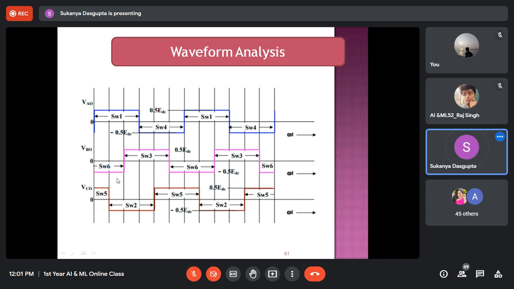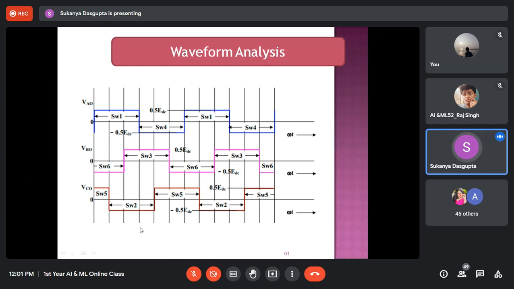And look at the time period for which SW2 is working. See, for this duration, SW5 is working, starting from 0 to this 60. This is 60. And each switch will conduct for 180 degree, right? So the complement of S5 is S2.